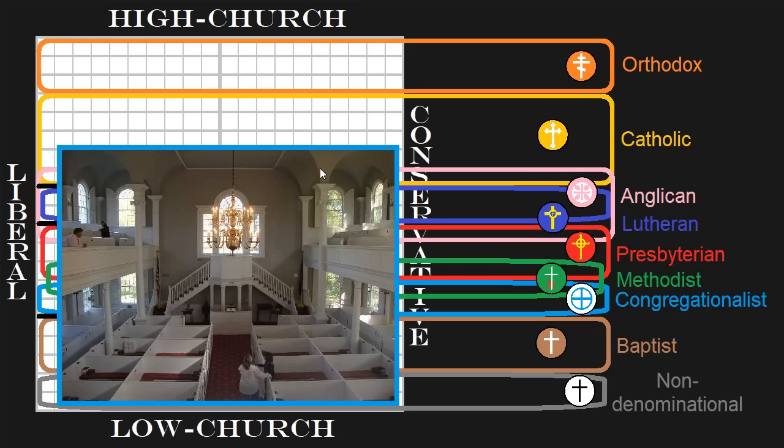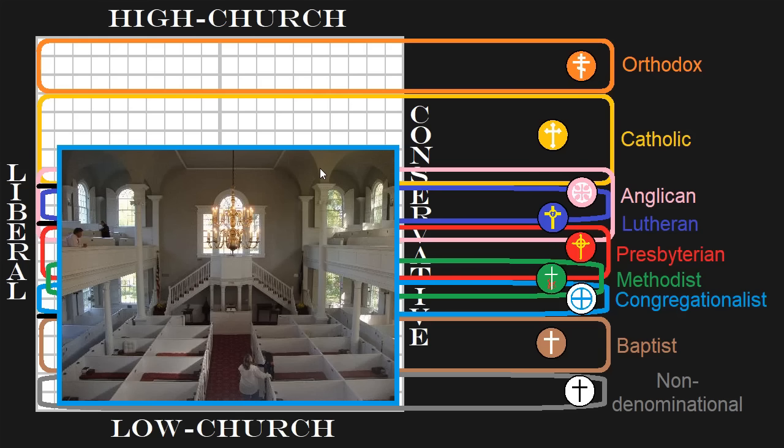Presbyterian and Congregationalist, those titles refer to the structure of the church government, and by definition, Congregationalist is a less authoritative, traditional, structured way to govern the church. Congregationalism has basically every church act as sort of an independent body.